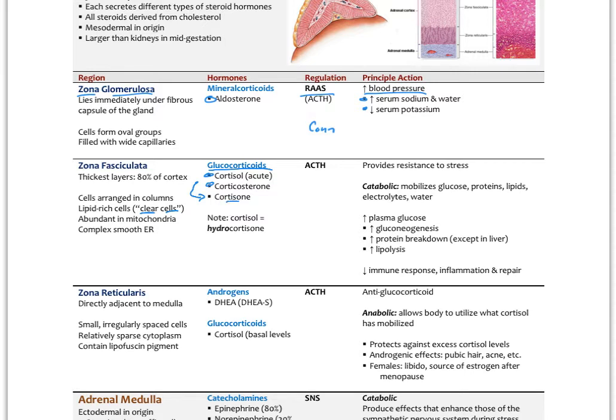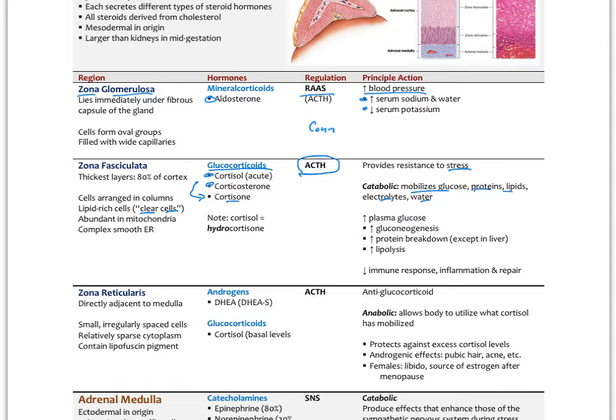All right, so that's the glucocorticoids. They're regulated by pituitary ACTH, unlike the aldosterone, which again is under the renin regulation. And cortisol's main action is to provide resistance to stress, and it does that by basically acting catabolically to mobilize glucose, proteins, lipids, electrolytes, and water.